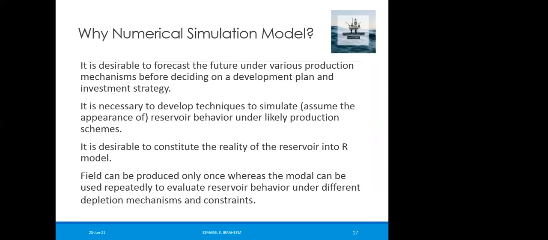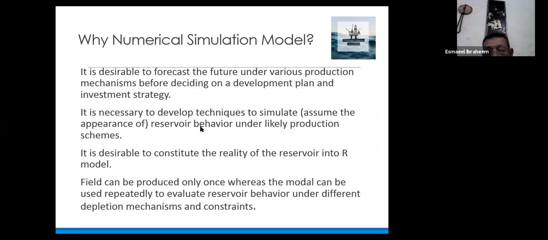Then it is necessary to develop techniques to simulate and assume the appearance of the reservoir behavior under likely production schemes.